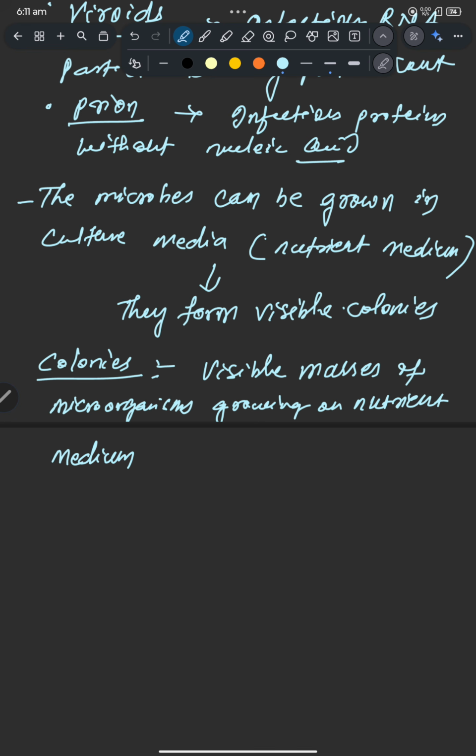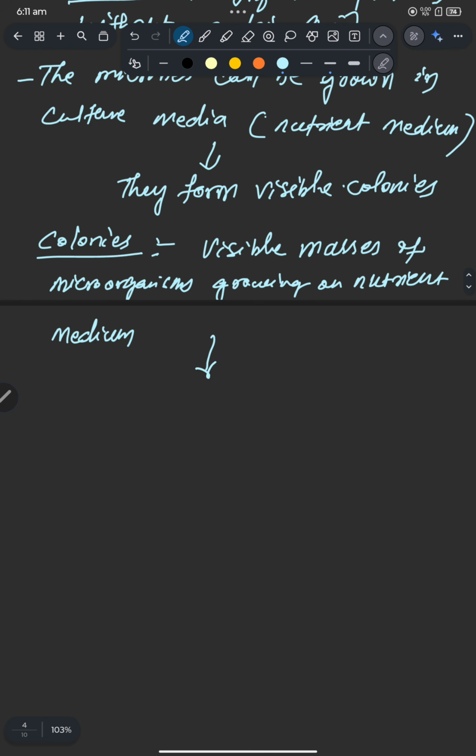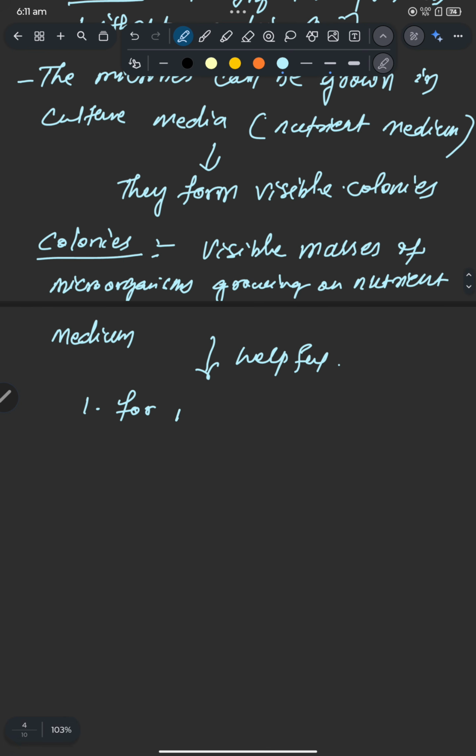Okay, and what is the use of forming these colonies? These colonies are helpful, one, for microbiological studies.